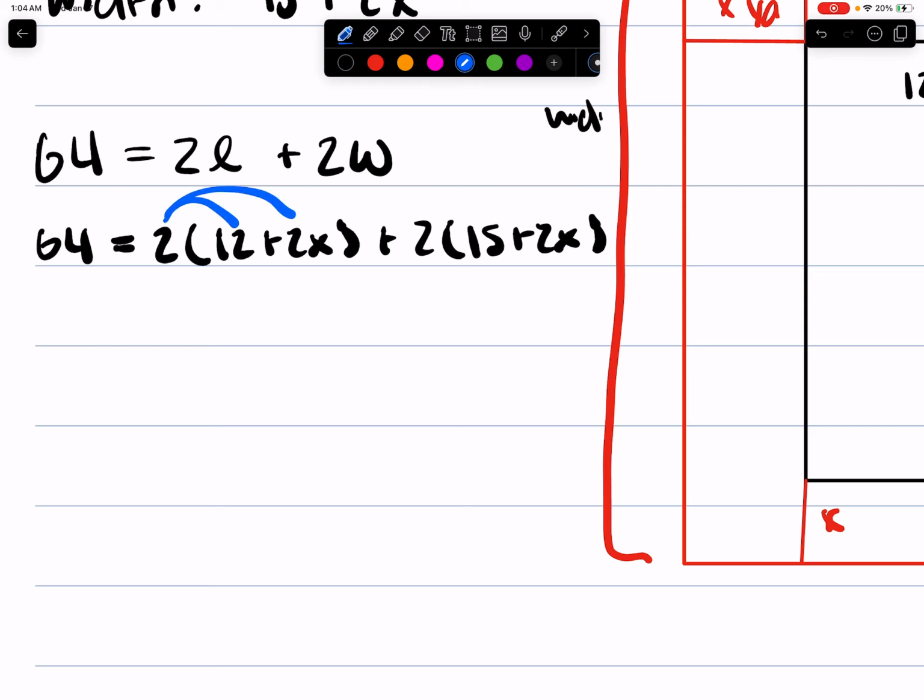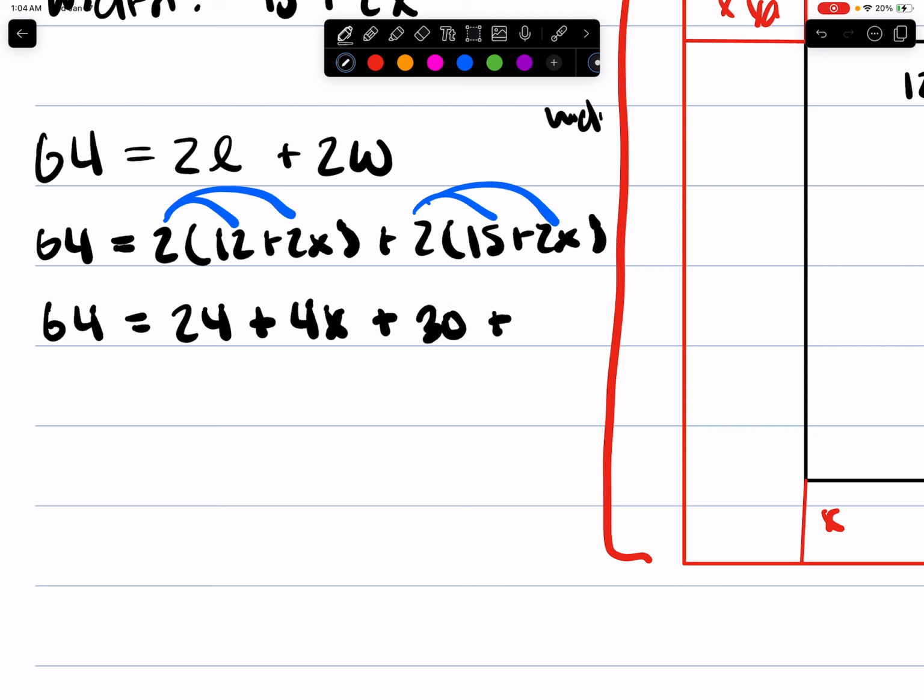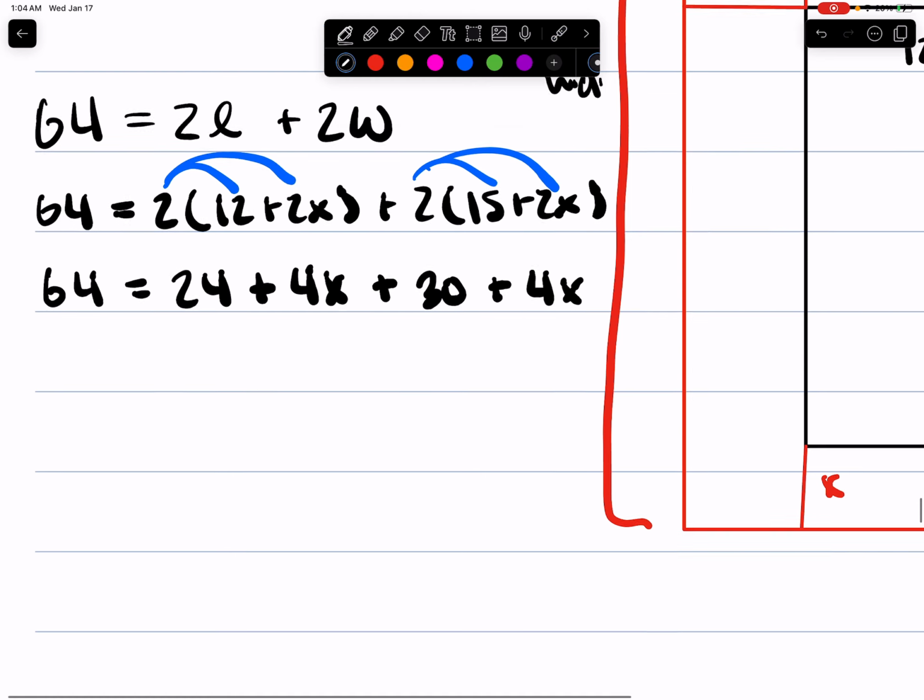That gives us 64 equals 2 times 12 is 24, plus 2 times 2x is 4x, plus 2 times 15 is 30, plus 2 times 2x is 4x. I will try to get better at using my pointer. I tend to point things with my pencil without actually turning on my pointer so that y'all can see what I'm pointing at. But hopefully you've been able to follow along so far.